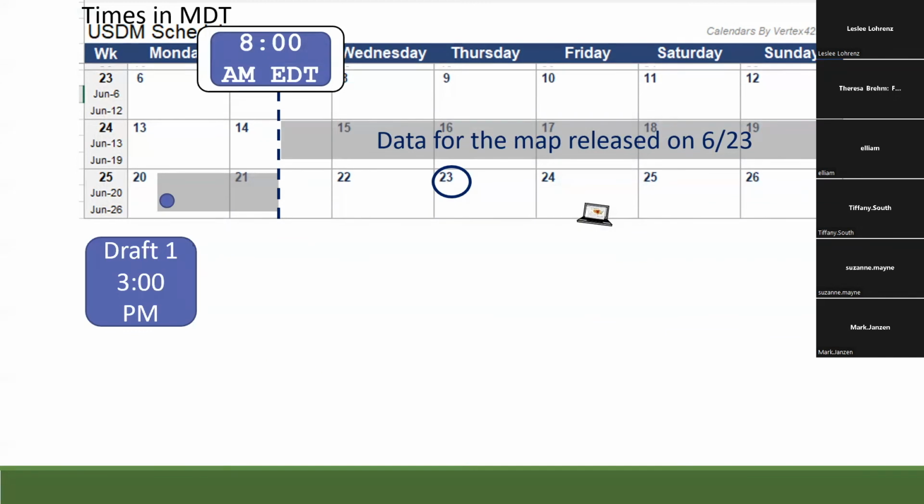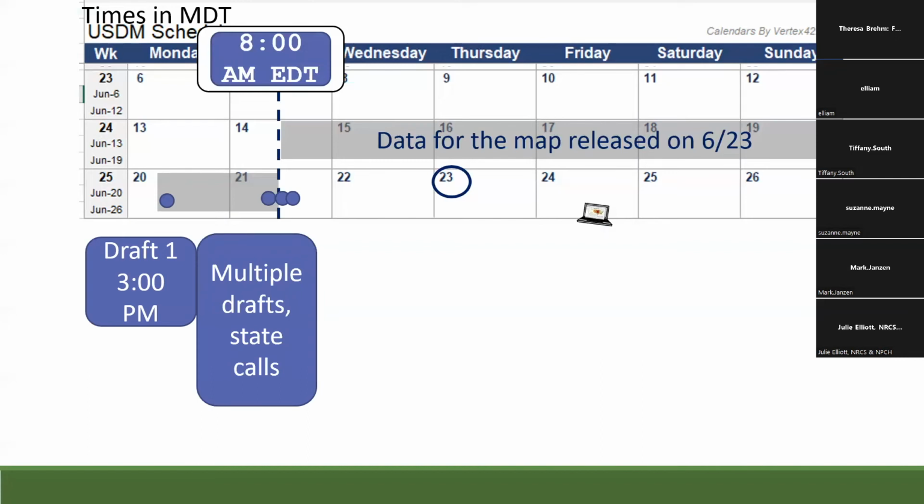I usually spend Saturday and Sunday reading through all of the previous narratives for the past several months and looking at the maps and the change maps to get myself up to speed on what's happening. And then by Monday afternoon, I try to submit a draft for the entire US. Sometimes it's a little later than that, depending on how much drought is happening in the country and how much email I get. But I try to get something out by 3 o'clock my time, which is Central Time, to give the folks in the East a chance to look at it before the end of the day.